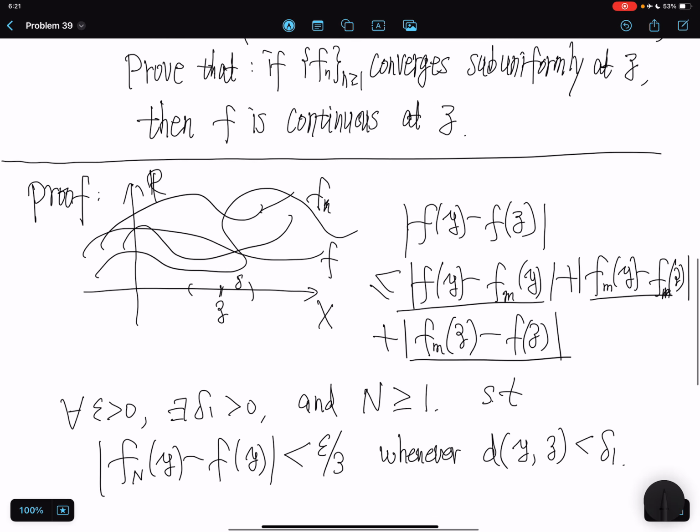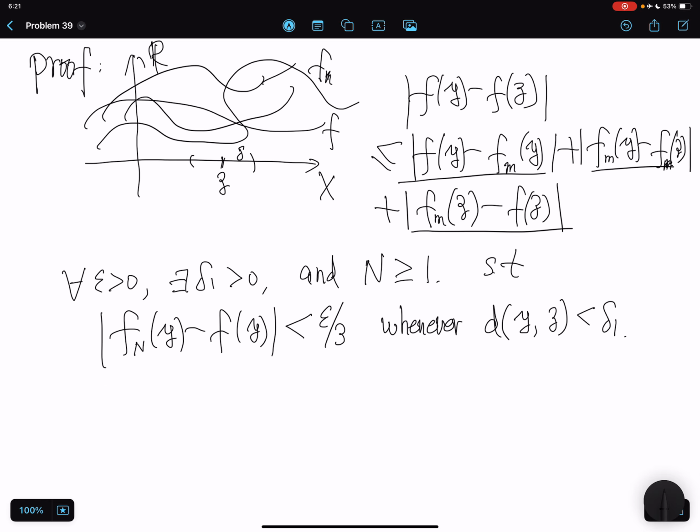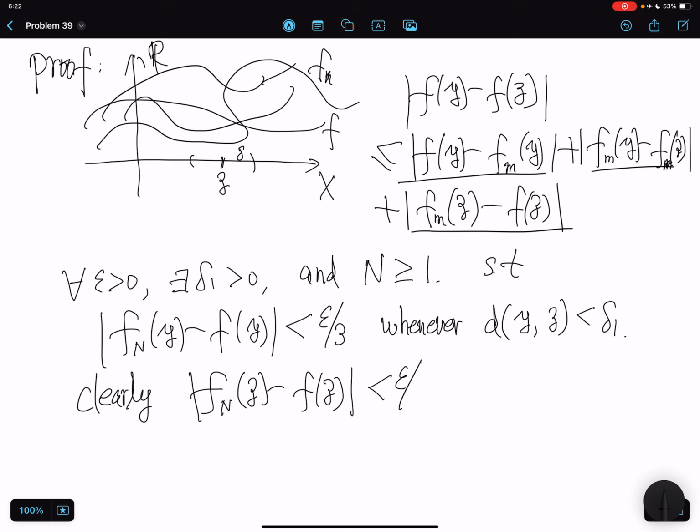And for this n, if we replace y with z, we have the absolute value of f sub n of z minus f of z also less than epsilon over 3, as the metric of z with itself is 0. Of course, it's less than delta 1, right?